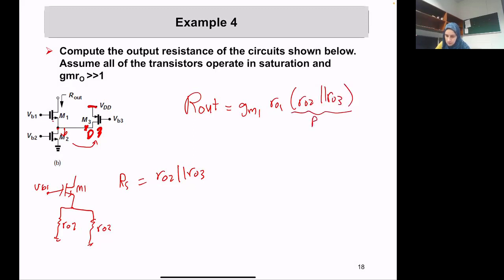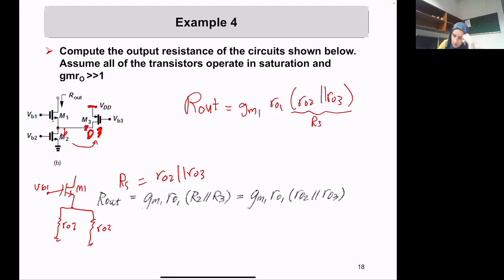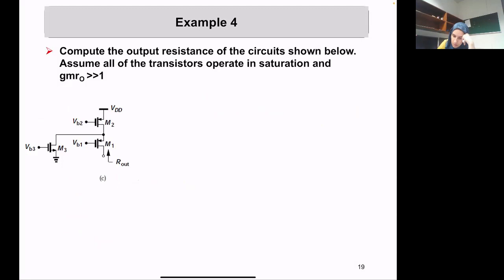Again, now we are looking from down here, and we are seeing M1 first, and then M2 with R out 2.